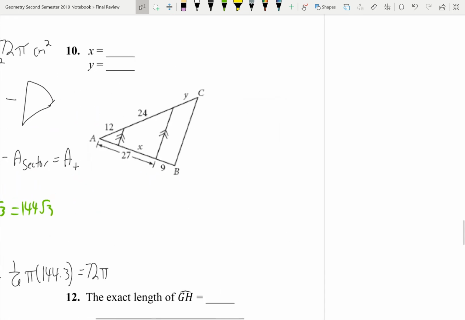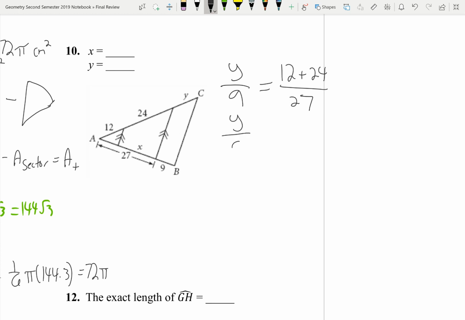So number 10 comes from what chapter? Well, chapter 7 with proportionality, similarity. Because these are parallel to the sides of the triangle, it's going to divide each piece proportionally. That's going to mean that y divided by 9 is going to be the same as 12 plus 24 divided by 27.